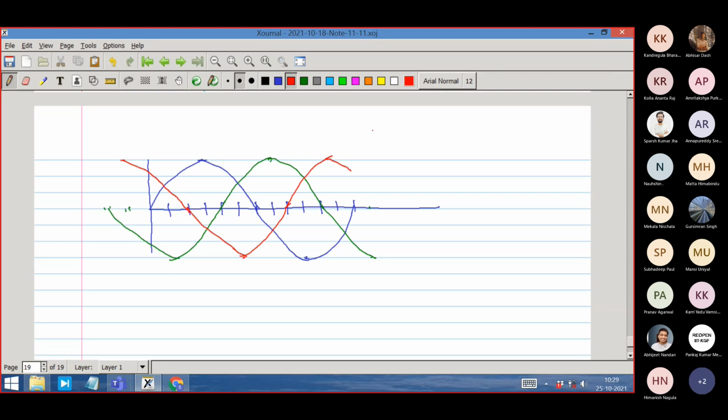Right, more or less okay. So this is our three-phase system, and we have to fire at 150 degrees.